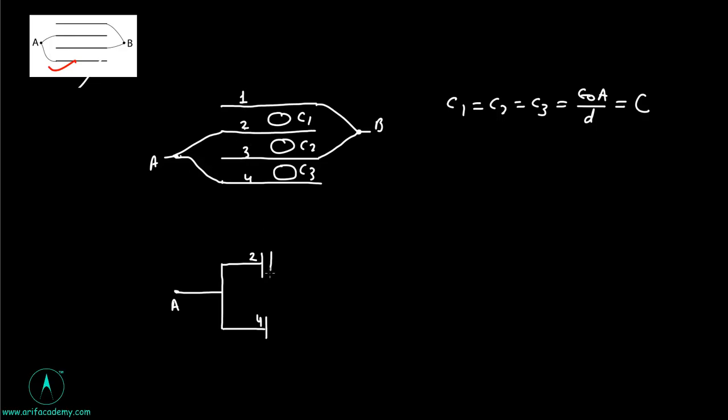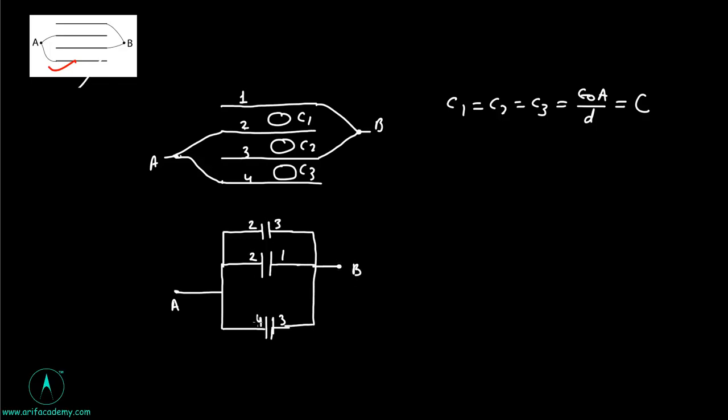So here I make plate 1, and plate 2 I have to redraw again because it makes a capacitor with plate number 3, and 4 makes plate number 3, and these all points are connected as point B.